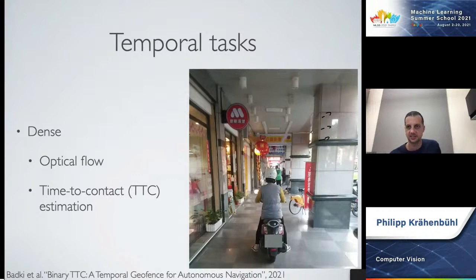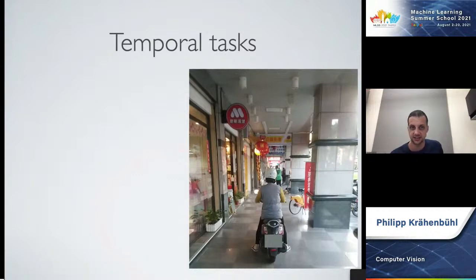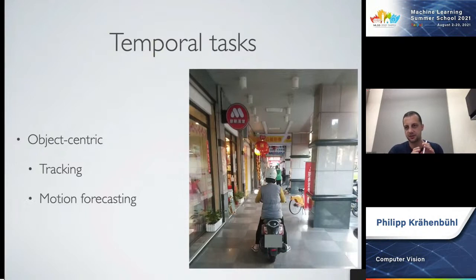Now, other tasks are object-centric, and they mostly revolve around extending object detection into 3D, which is tracking, and also the forward-facing aspect of tracking, which is trying to predict where things are going in the future.